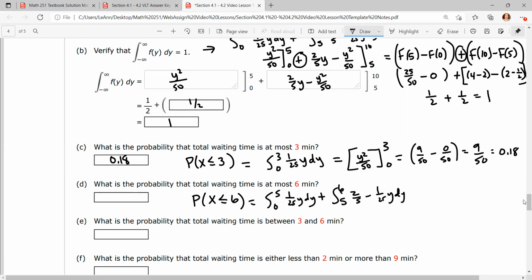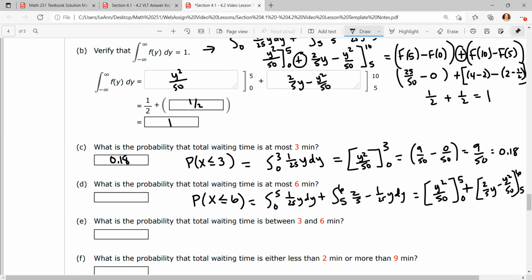Okay, for the first one, we know that that one looked like y squared over 50 from 0 to 5. And for my second one, I'm going to be plugging in to 2/5 y. That's a plus again. I keep writing minus. And then minus y squared over 50. And that's from 5 to 6.